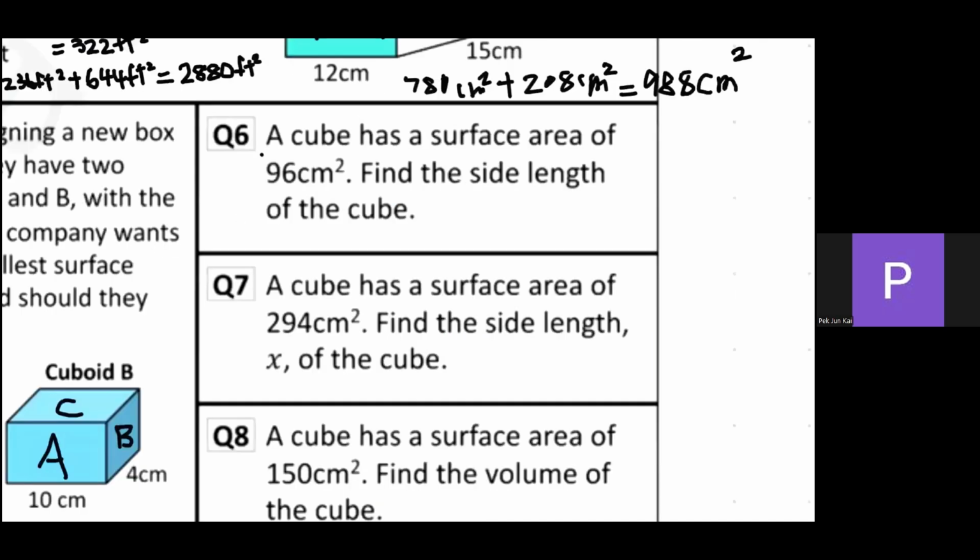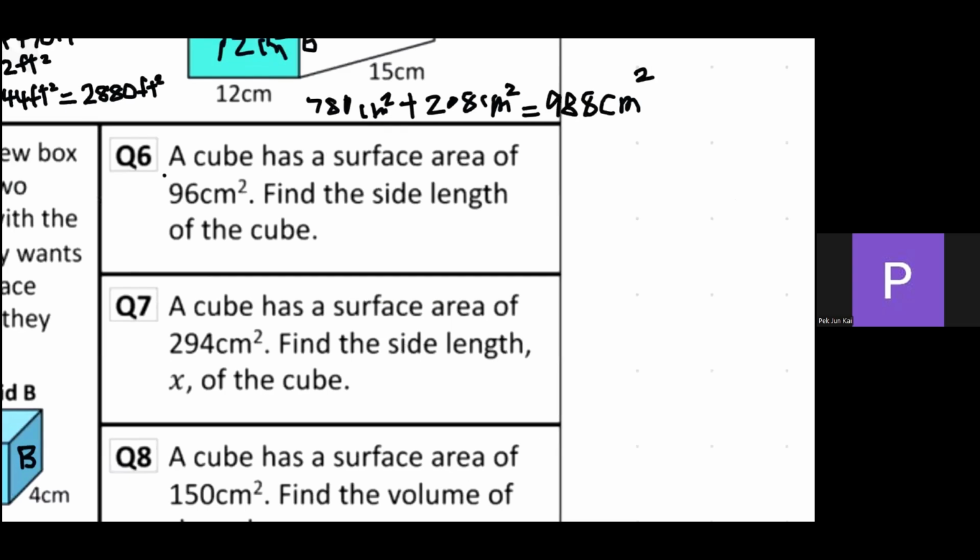Next, question 6. A cube has a surface area of 96 cm square. Find the side length of the cube. So a cube has 6 faces. So we can take 96 centimeters square and divide it by 6. We will get 16 centimeters square.